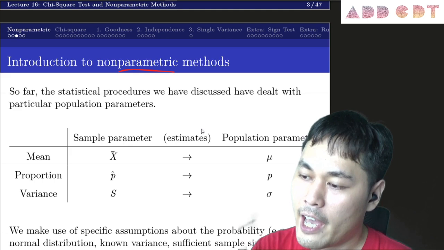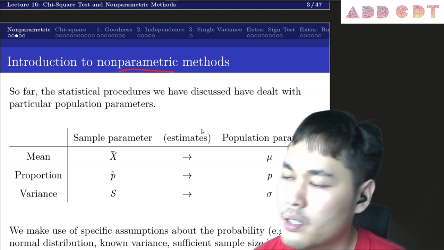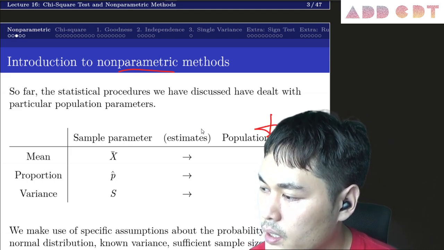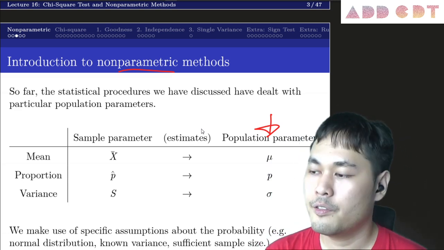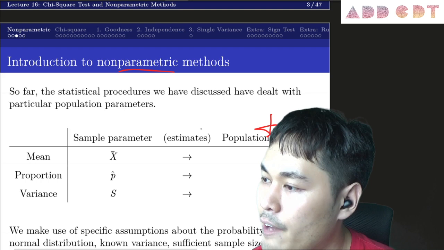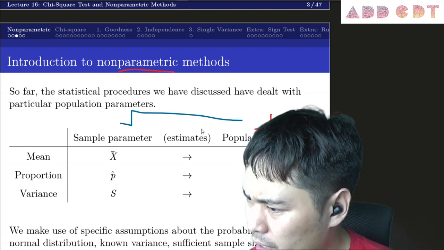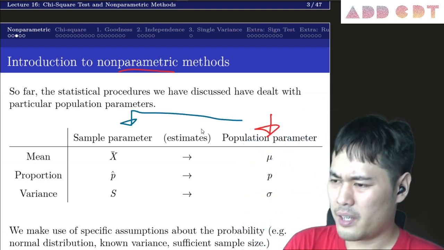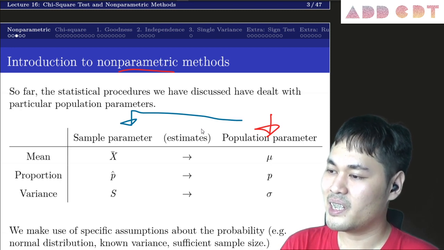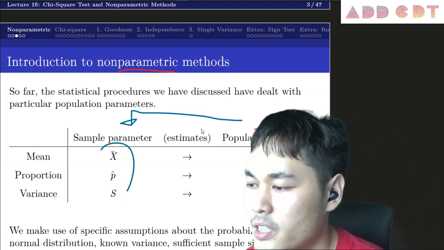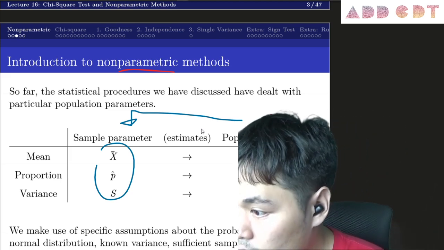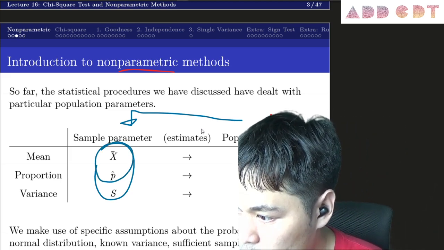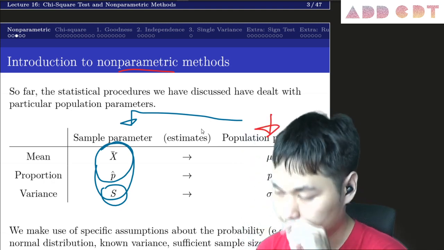The problem we have is that we cannot get the exact number for the population parameter, for whatever reasons. So we have to take bargains and get something that's close enough, which are these 3. We explained how to get them. Actually, we already touched on these 2, not this one.